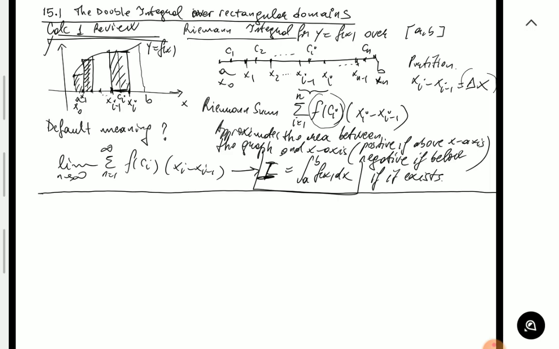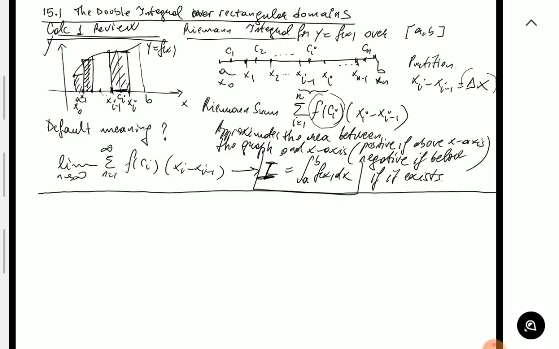Because this process is the same for all the other integrals. And it's important to understand it's completely analogous to calculus 1. The only adaptation or difference is that obviously the shape of the domain is different, and the meaning of the function, the default meaning, is different.